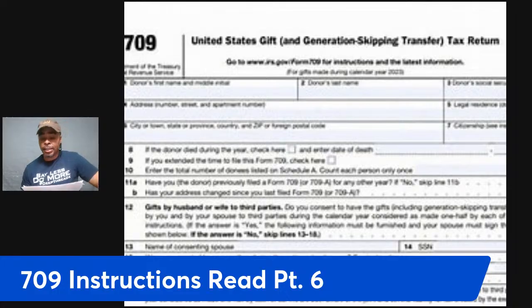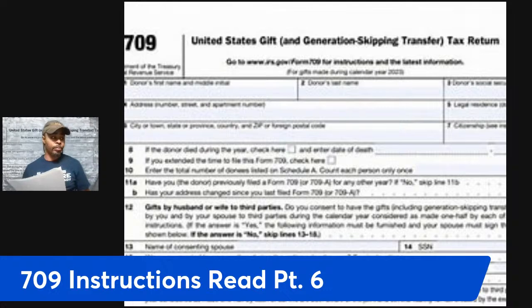In 1999, the exemption was $1,010,000. As of 2025, the exemption value is $13,990,000. That is the amount that you can gift as long as you are meeting all these requirements.